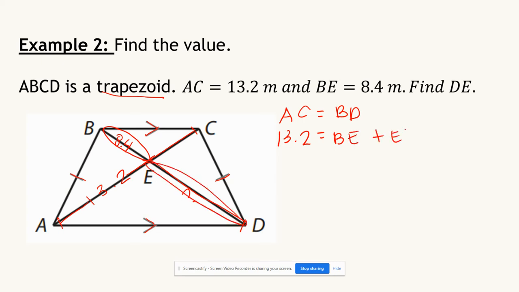If I added those two pieces of the line segment together by segment addition, it would give me the entire line BD. And I know that BE equals 8.4. So now I can find ED by subtracting 8.4 on both sides.